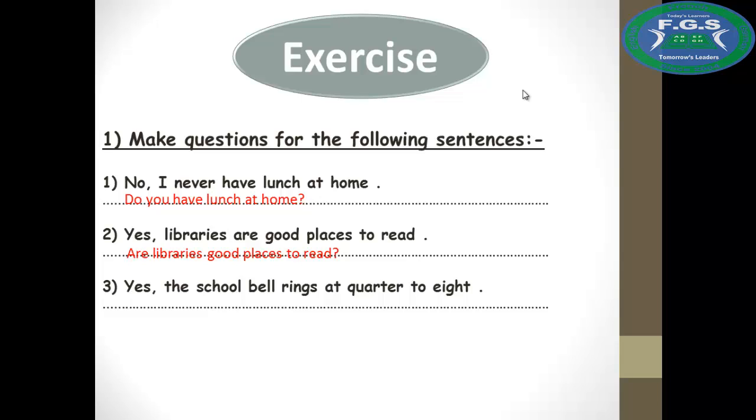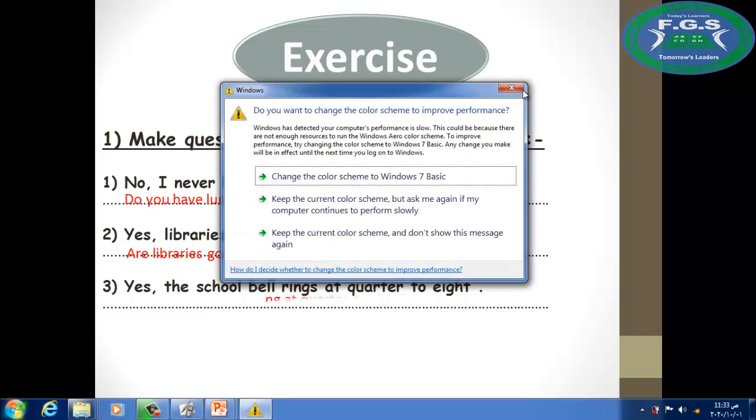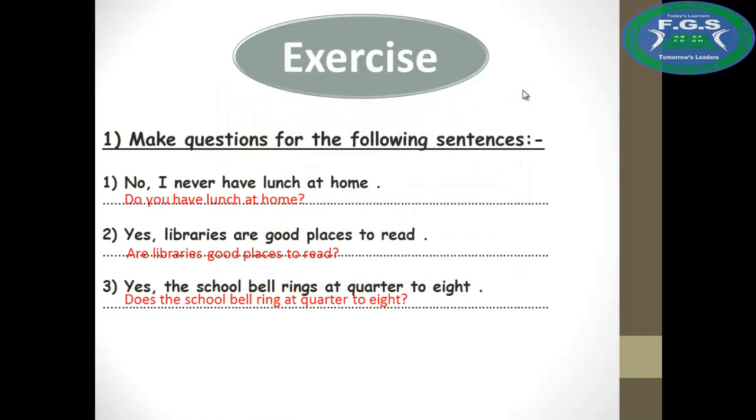Yes, the school bell rings at 7:45. What will be the answer? That's okay. The answer is, does the school bell ring at 7:45?